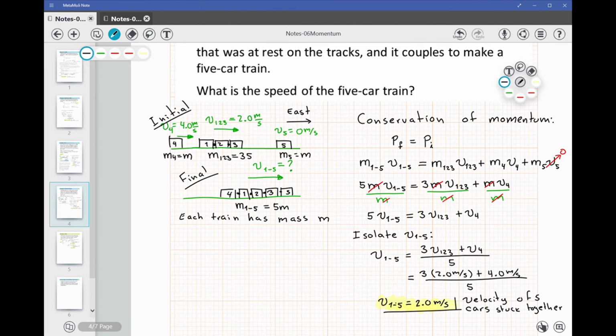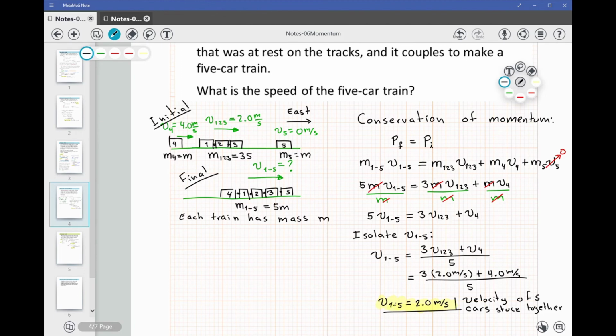What is important to remark here is that between the initial and final time, car 4 collided with cars 1, 2, and 3, but we don't have to calculate the conservation of momentum in that intermediate stage.